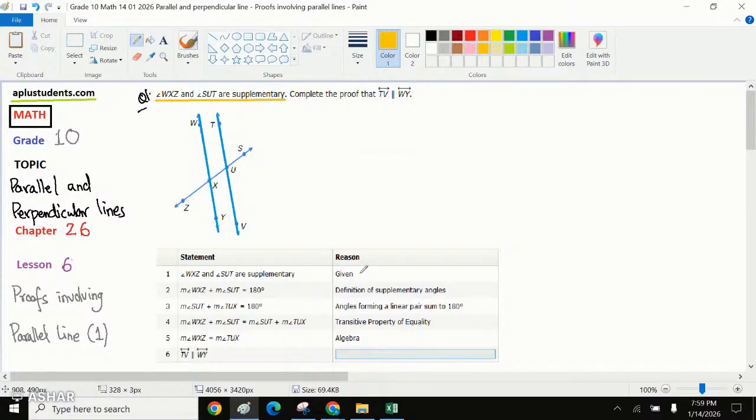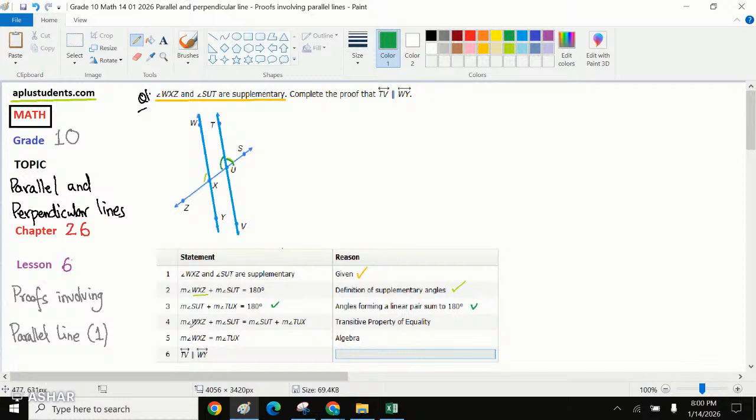The next statement is WXZ and SUT. SUT is this angle. They are supplementary, agreed. SUT and TUX, this given angle with this angle, is still supplementary.